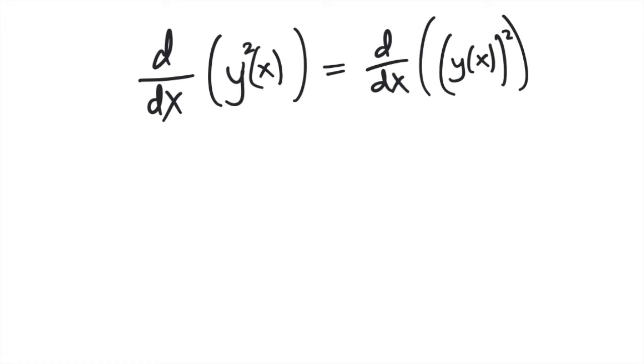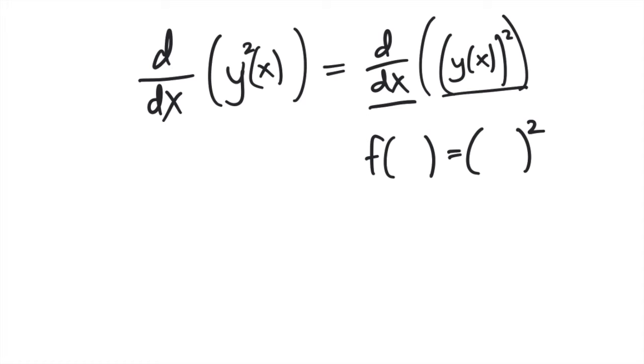So what happens when we take the derivative of something like y squared? Well, this is actually a chain rule here. Think about something squared as being like the f on the outside. So I'll use the notation we had in the last video.